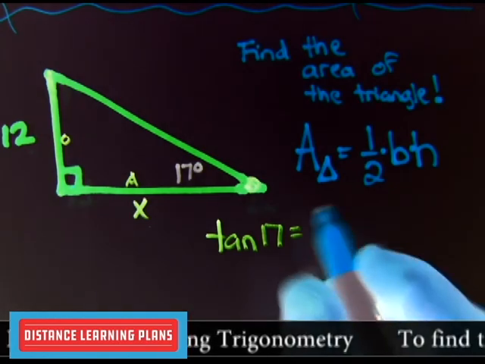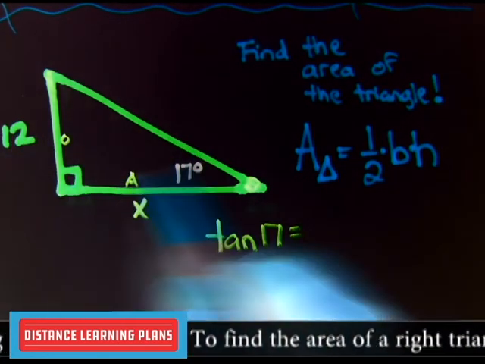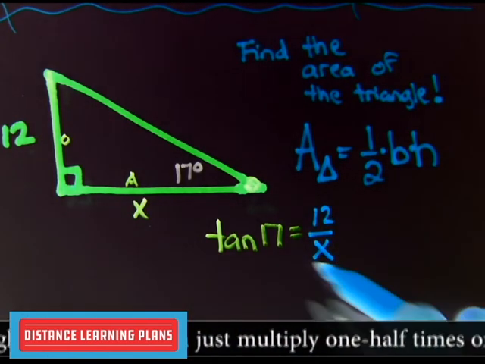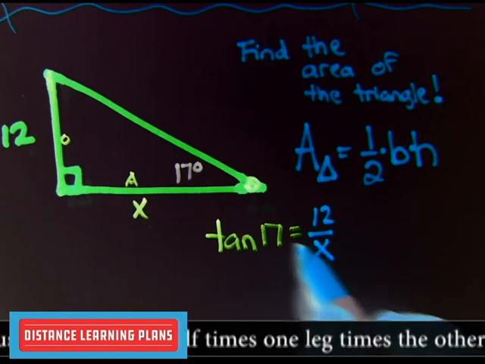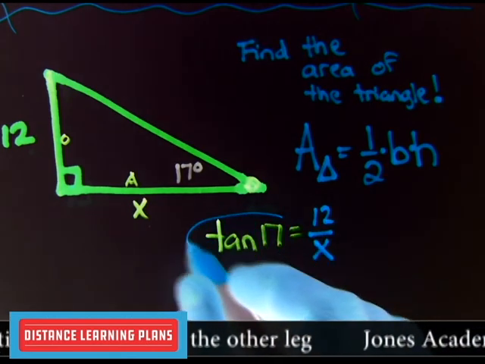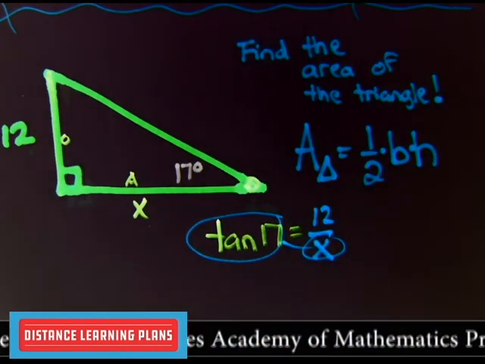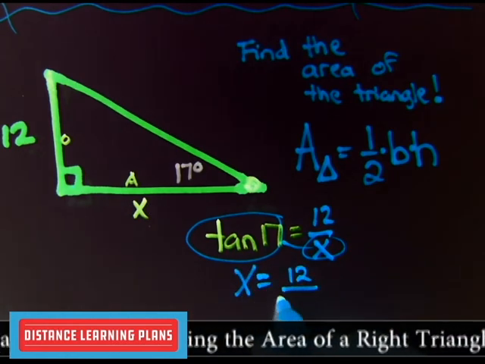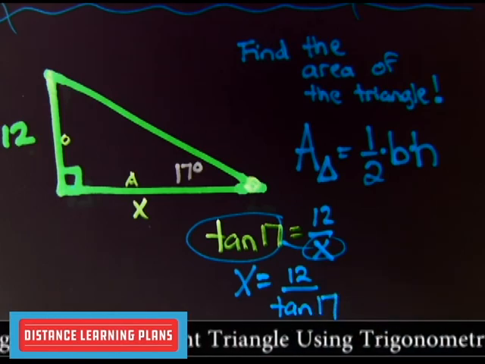Then tangent 17 is O over A, so 12 over X. See the X is on bottom? You should know that means you're going to swap spots, and X will be equal to 12 over tangent 17.